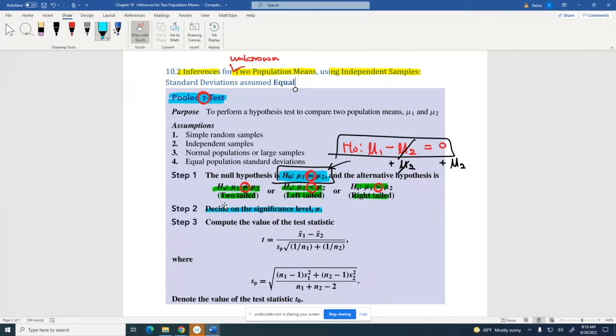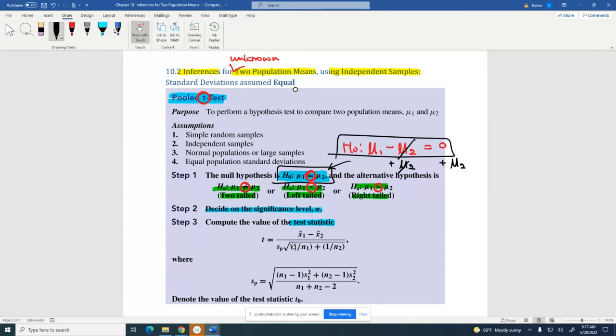How about step 2? Same. We have to look for the significance level, alpha. Step 3, absolutely, we are going to take the test statistic. Oh my God, don't look at this. Just copy. Please just copy. I'm so sorry, it's very difficult.